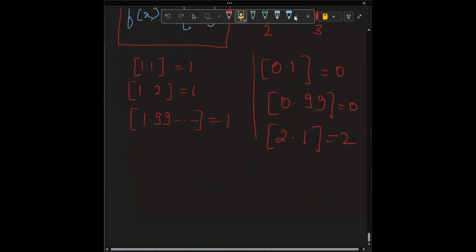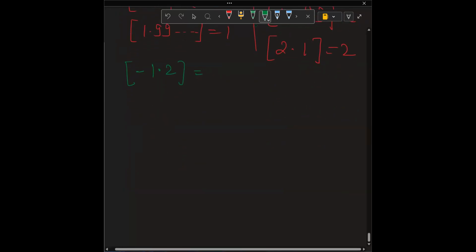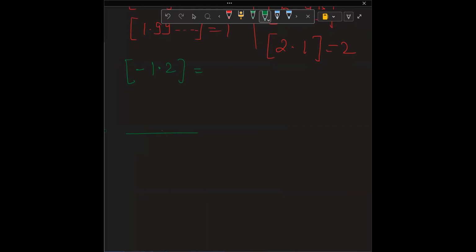But इसमें एक चीज ऐसा होता है कि अगर मैं माइनस लिखूं, that -1.2, then इसके लिए ग्रेटेस्ट इंटीजर क्या होगा? इसके लिए हम डायग्राम ये बनाते हैं, axis बना के चेक करते हैं। नंबर लाइन, this is 0, this is -1, this is -2. So -1.2 is somewhere around this point.